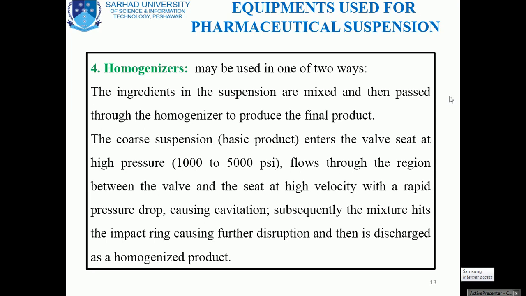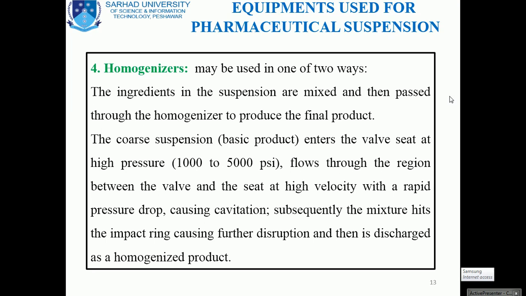And the second case is the coarse suspension, that is the basic product. It is introduced inside the wall and seat at high pressure. Remember that the pressure normally used is 1000 to 5000 psi.